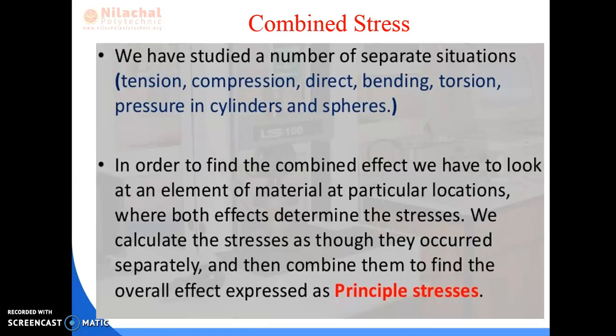In order to find the combined effect, we have to look at an element of the material at a particular location where both effects are determined, and that is known as combined stresses. We calculate the stresses as though they occurred separately and then combine them to find the overall effect as the principal stresses.